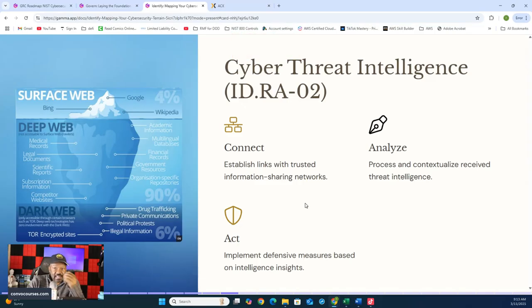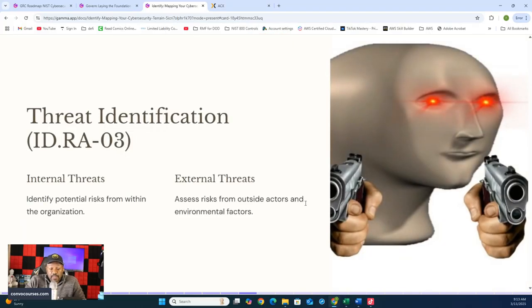They would sit on that name and then make a site that looks like Walmart and hope that people would sign into it. So those are some of the things you would do for cyber threat intelligence. You'd analyze that data and then you'd take action. So that's also a part of threat identification.